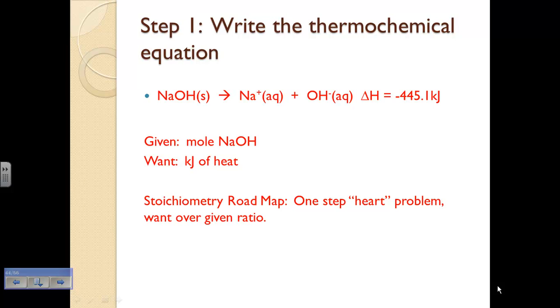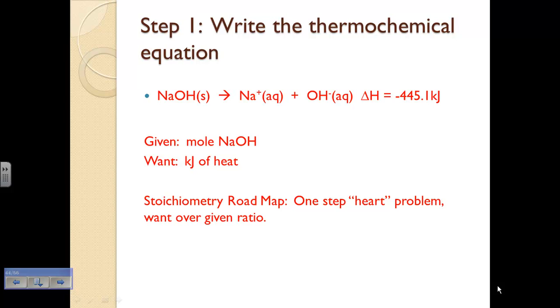Do you have your +1 charge written? Your OH negative. Do you have your -1 charge written with the little symbols aqueous? Solids turn into aqueous ions. And along the way, 445.1 kilojoules of heat was released, the negative sign. So there's our recipe. What we know is that 1 mole of NaOH releases 445.1 kilojoules.